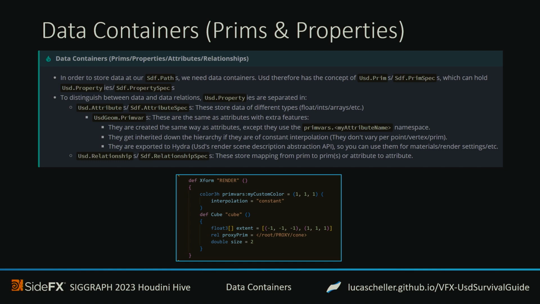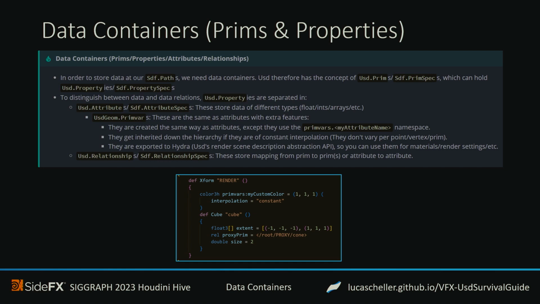Primvars are also the mechanism to set render settings or a display color override on your geometry. The only difference between a normal attribute and a primvar is the syntax, that it starts with the primvars namespace, syntax-wise or API-wise.